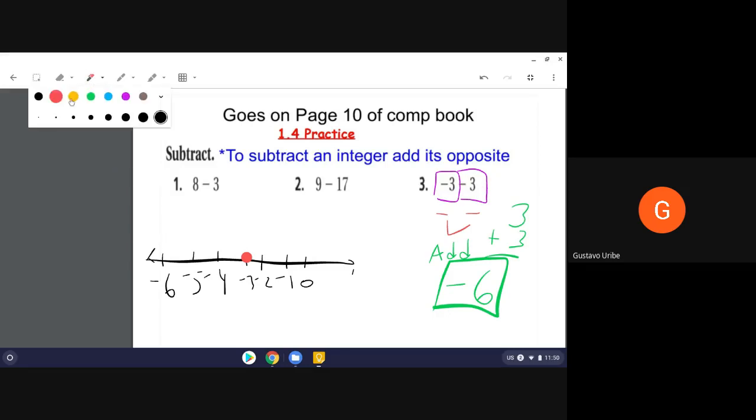When I subtract 3 on a number line, I am going this way. So 1, 2, 3. Look where I end up. I end up at -6. So all those different ways that we just solved it give us a -6. You can solve it whichever way is more comfortable for you.